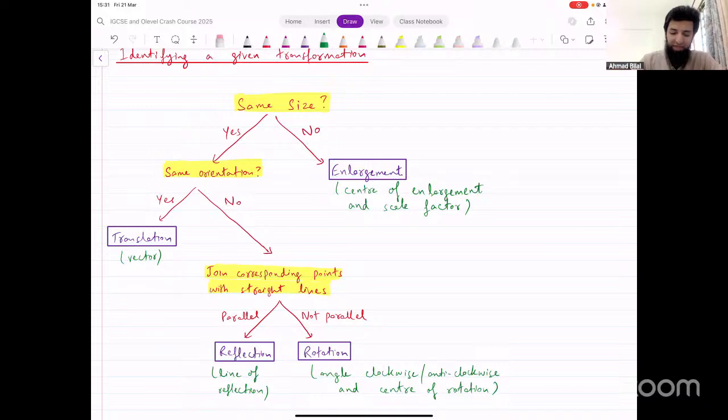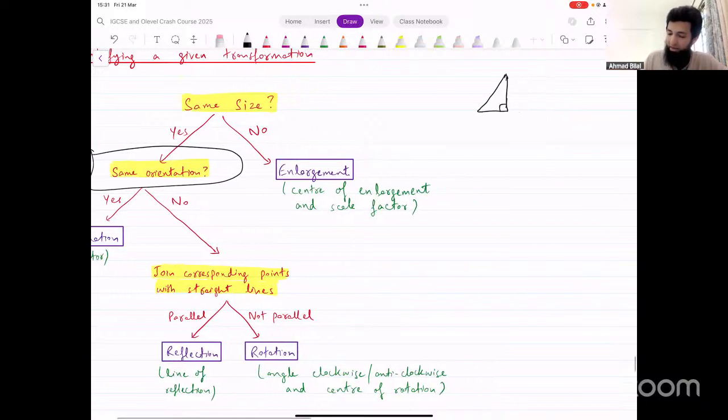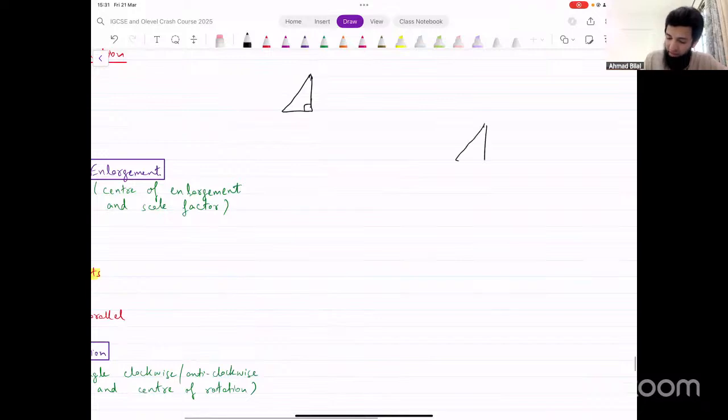If the size is the same, however, then the other three transformations are possible. Okay. Translation, reflection, and rotation. If the orientation remains the same, orientation means if it's a figure like this and it is just moved somewhere else, and you still have the same points in the same order, A being the leftmost point, B being the bottom right point, and C being the top point.